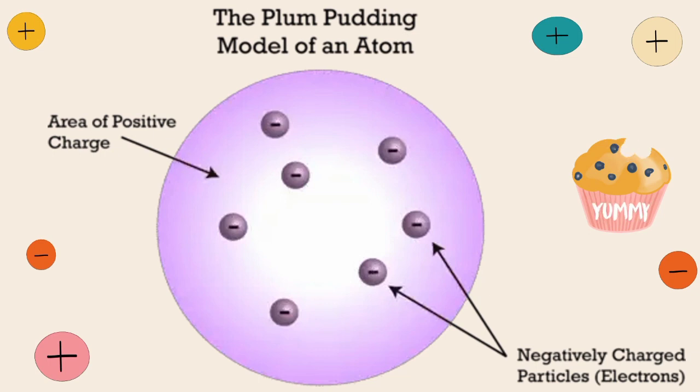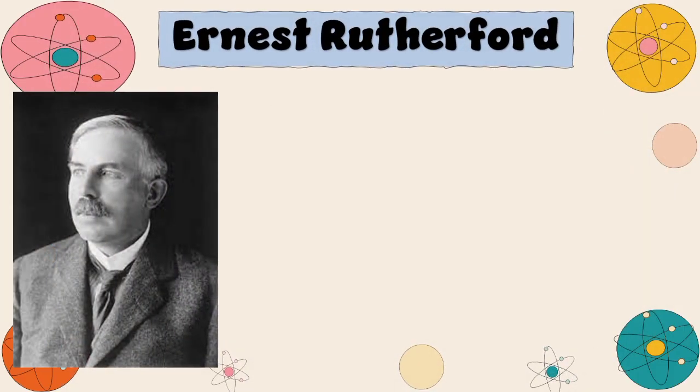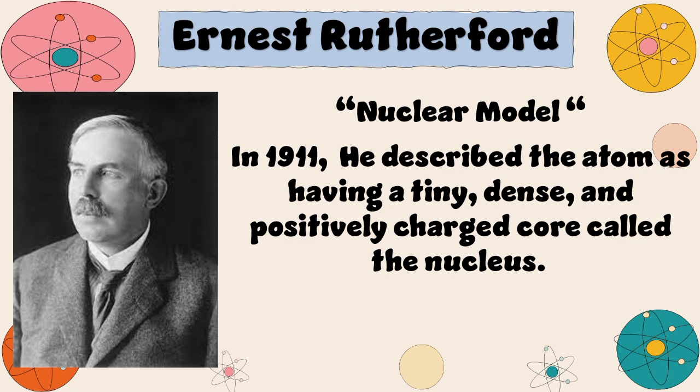Next, we have Ernest Rutherford. He proposed the nuclear model. In 1911, he described the atom as having a tiny, dense, and positively charged core called the nucleus. He established that the mass of an atom is concentrated in its nucleus.